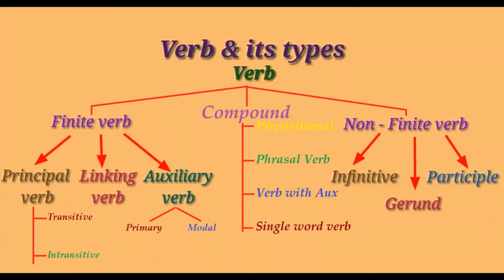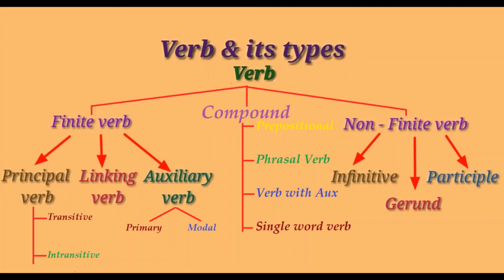Now we have also seen that it can also have the primary auxiliary verb, and then it can have the helping verb, or it can also have the linking verb.